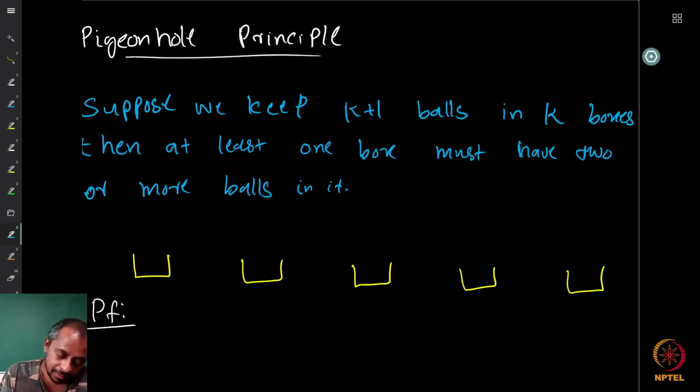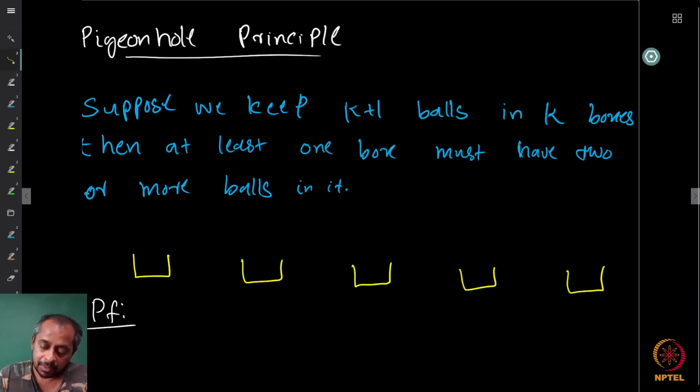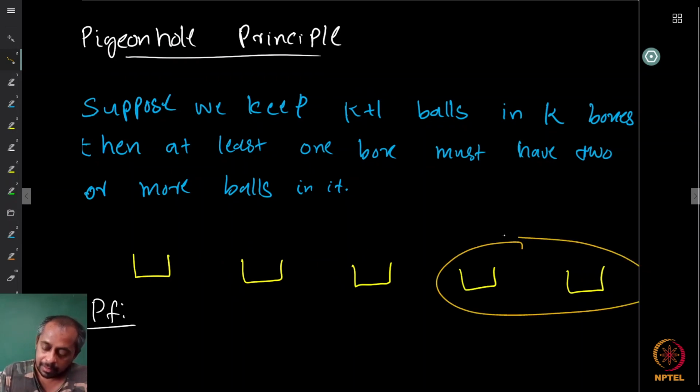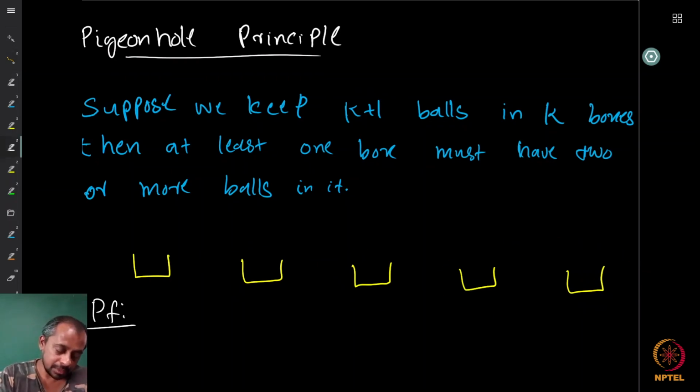So we can say it in terms of balls and bins, that you have k plus 1 balls and k boxes or bins. So here are the k bins, let's say, right? And into these k bins, suppose we are going to deposit k plus 1 balls, right? Now, what I want to prove is that at least one of them must have 2 or more balls.